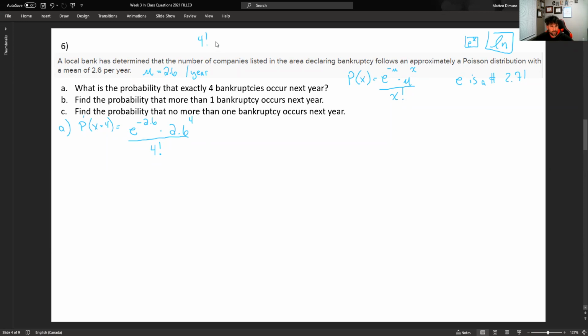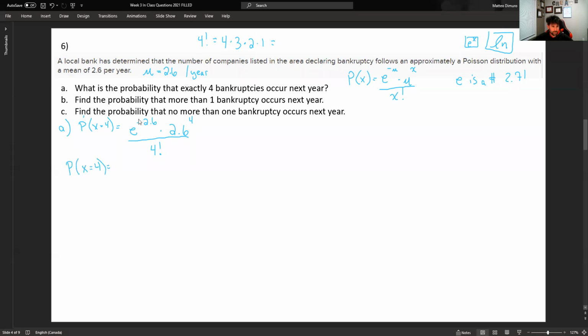Now there's a button on your calculator, but all factorial means is just a fancy way of saying start with 4 and multiply down to 1, decreasing the number by 1 every time. So 4 factorial is the same thing as writing 4 times 3 times 2 times 1. Okay, so it's just a shorthand way of writing multiplication like that.